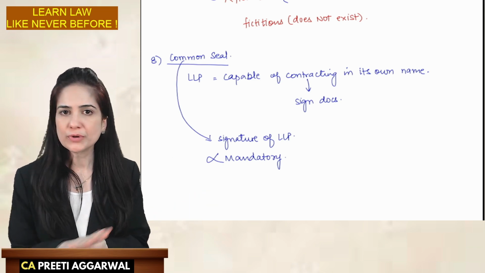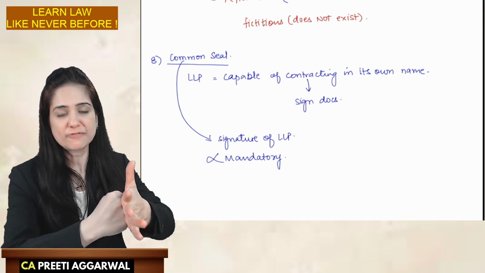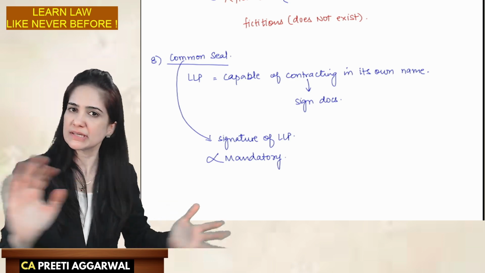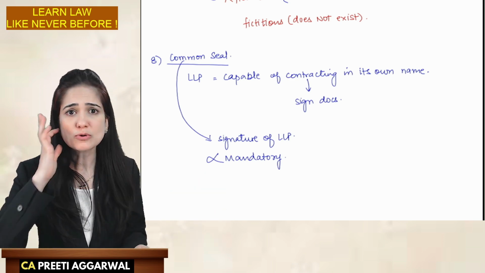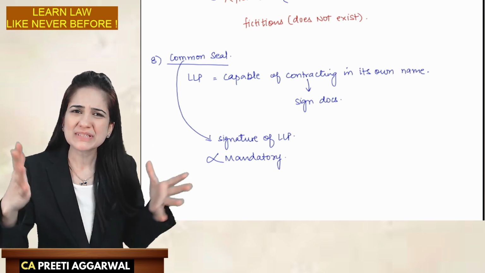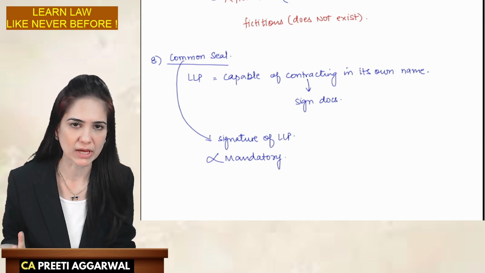They did not know how to read, they did not know how to write. They signed the documents by pressing their finger, and the impression was considered as their signature. But we are living in modern times. People know how to sign, people know how to read and write. So this common seal has actually lost its relevance. It's like reminiscing the medieval times.